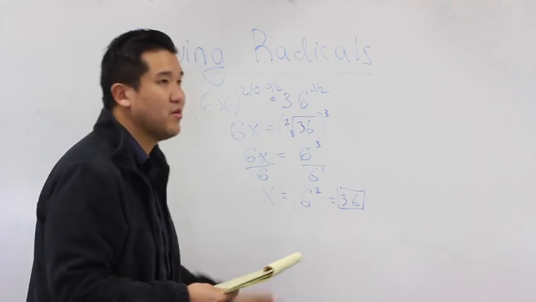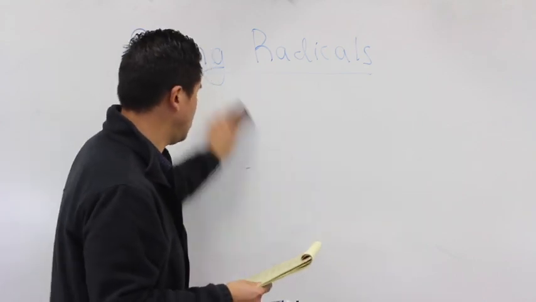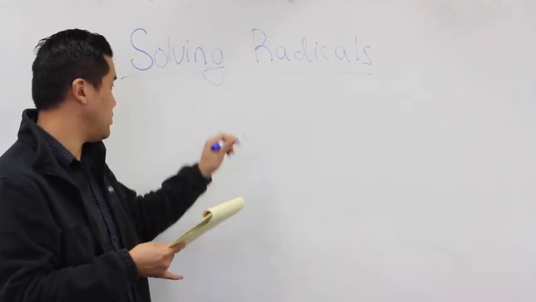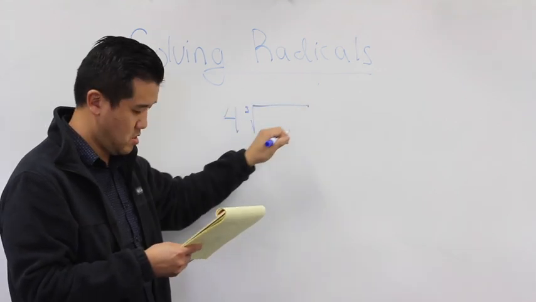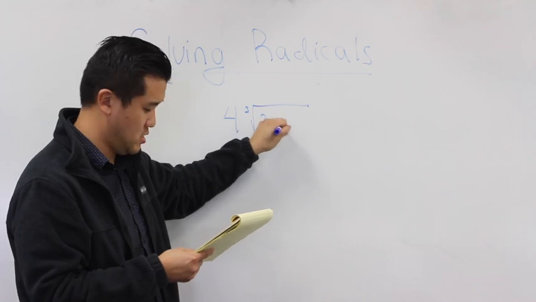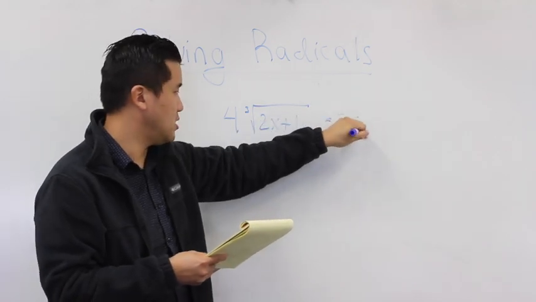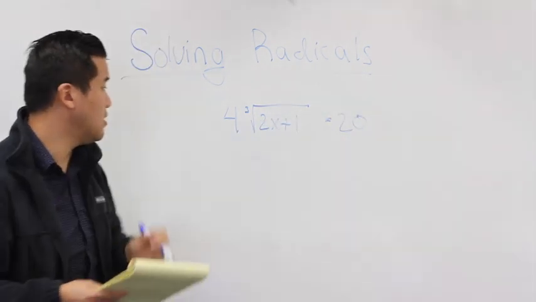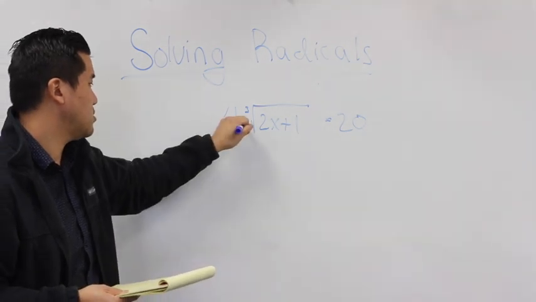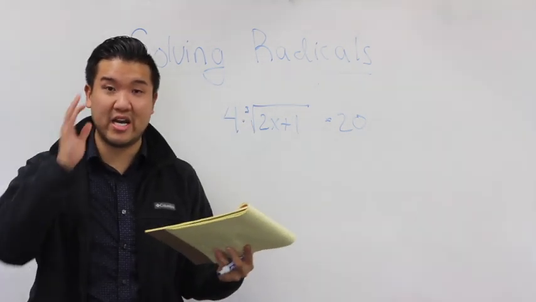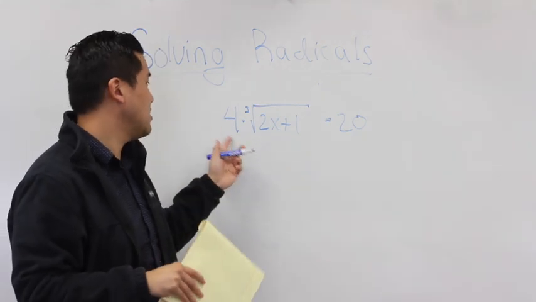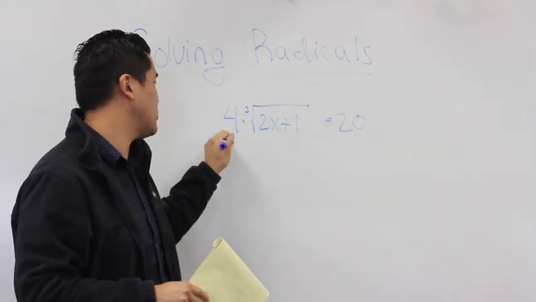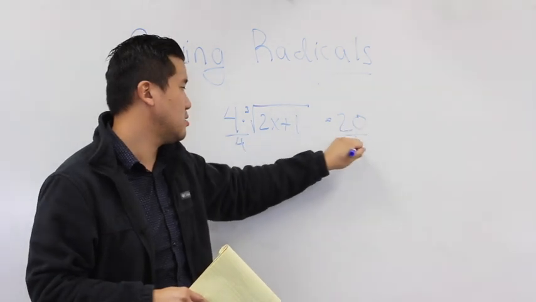Okay, let's try another example. If I give you 4 times the cube root of 2x plus 1 equals 20, you want to start with the outside and work your way in. My first step, furthest outside, is this 4, so you divide by 4.